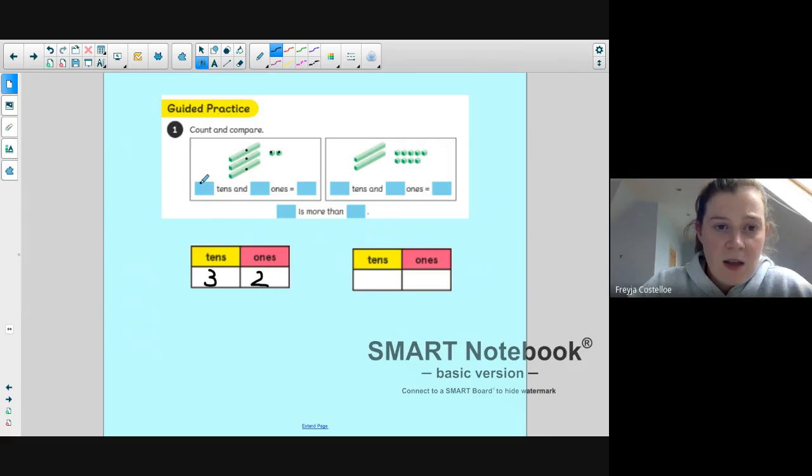So here we've got 3 tens and 2 ones. How much does that give us all together? Remember, we're not adding 3 and 2, because 3 and 2 would just give us 5. And we have got more than 5 cubes there. So 3 and 2 together when we're adding tens and ones gives us 32.